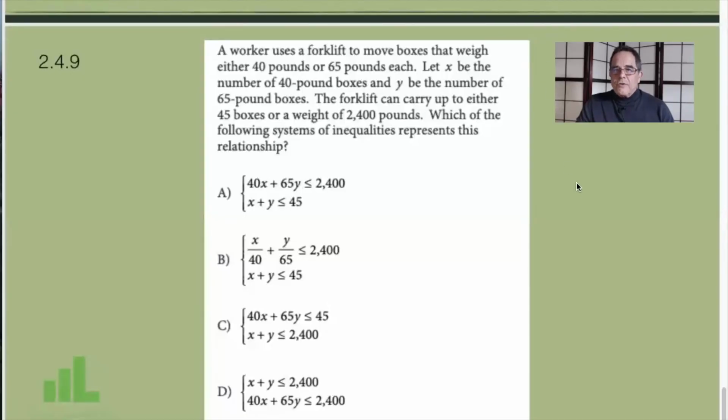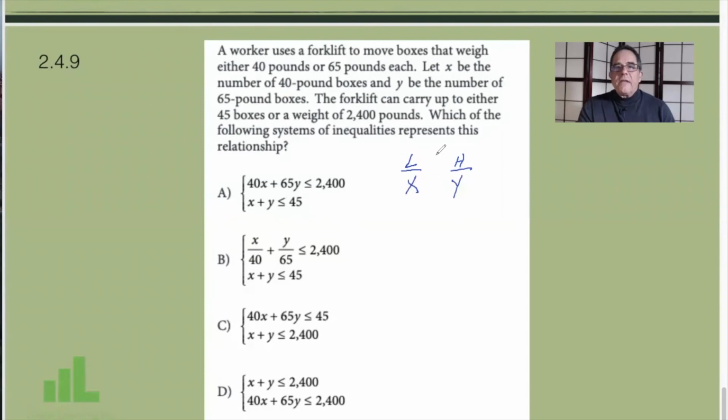Here's our last question, a simultaneous equation question. And it asks, a worker uses a forklift to move boxes that weigh either 40 pounds or 65 pounds each. So he's got light boxes, 40 pounds, and he's got heavy boxes, 65. Let X be the number of light boxes, and let Y be the number of heavy boxes.